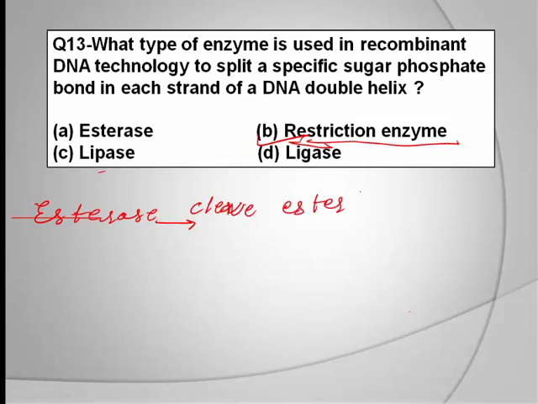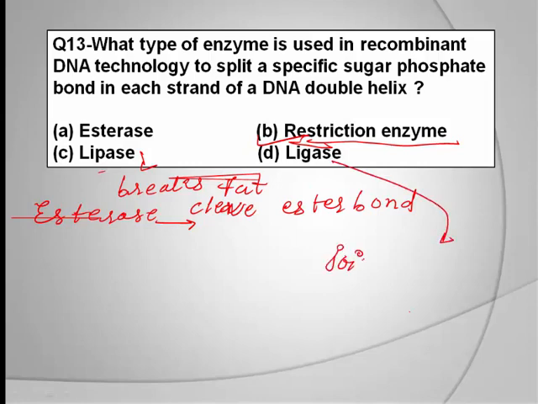Lipase breaks fat and ligase joins DNA. So the only enzyme to split the sugar phosphate bond is REN.